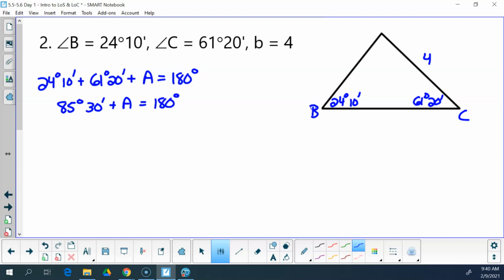So angle A here is going to have 30 minutes into it, right? That gets me to 86 degrees. 4 gets me to 90. 90 more gets me to 180. So I get 94 degrees, 30 minutes for angle A.